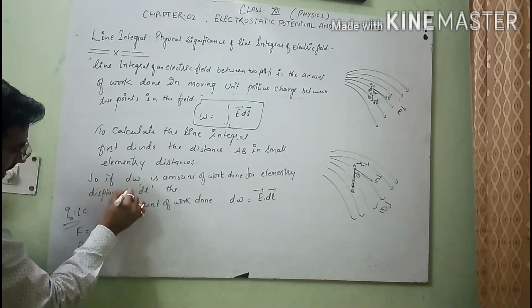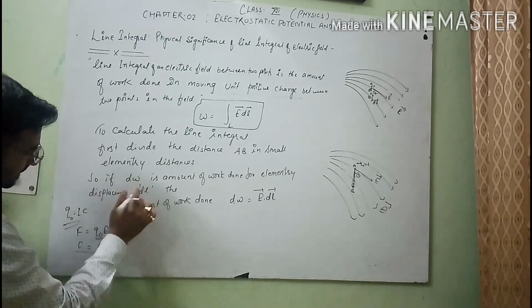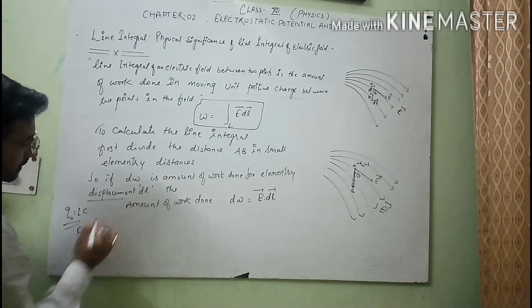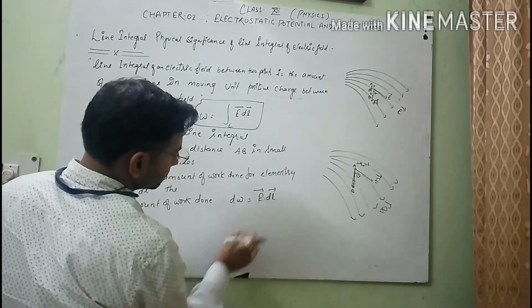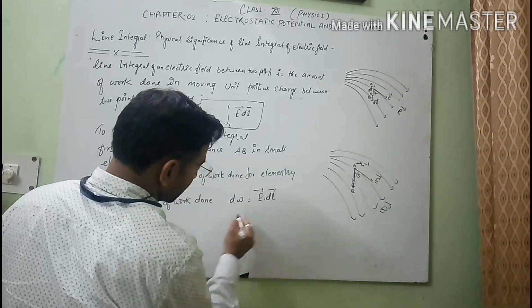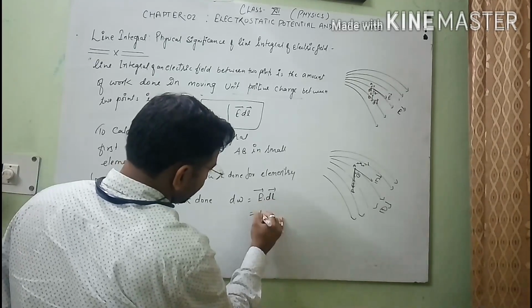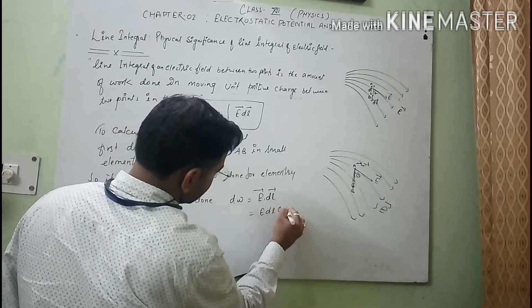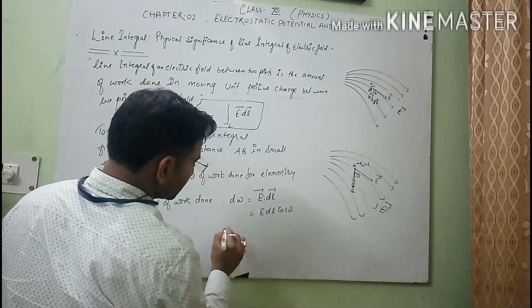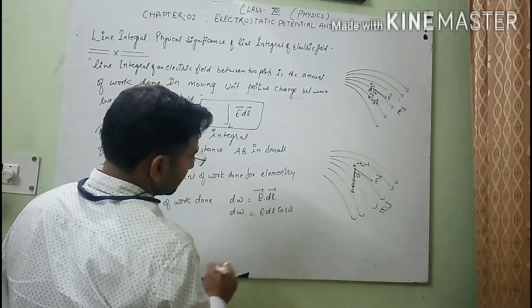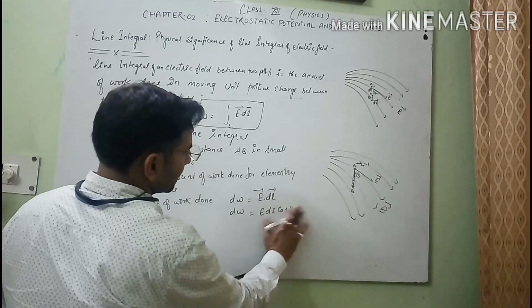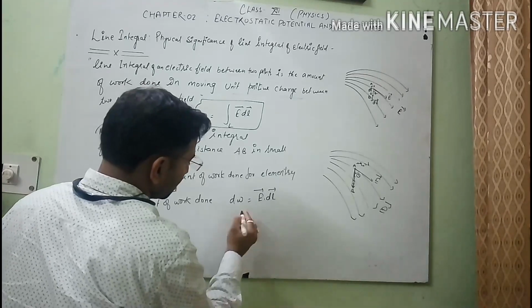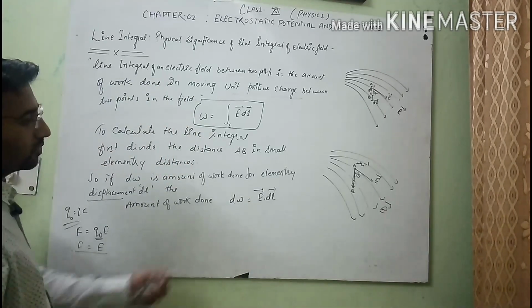For this elementary displacement, I will use the dot product of vectors. So E dl means E dl cos theta. This is the amount of work done, or you can write this work again as dW = E dot dl.